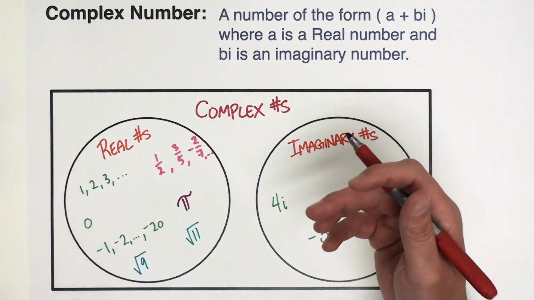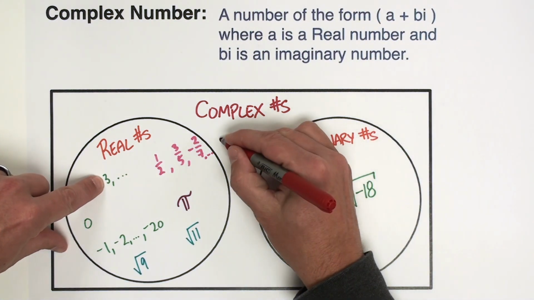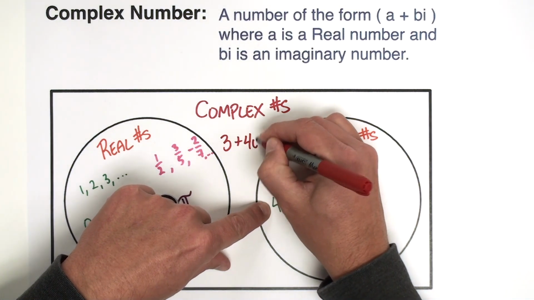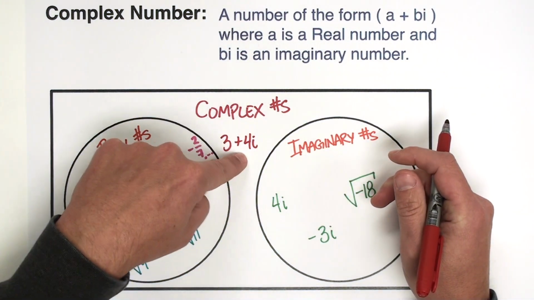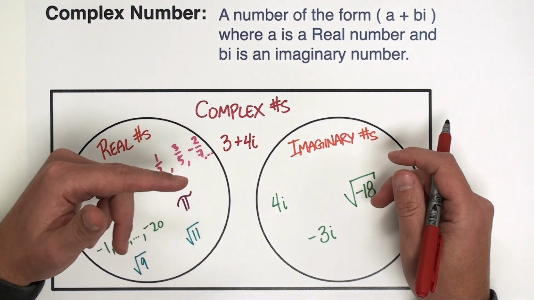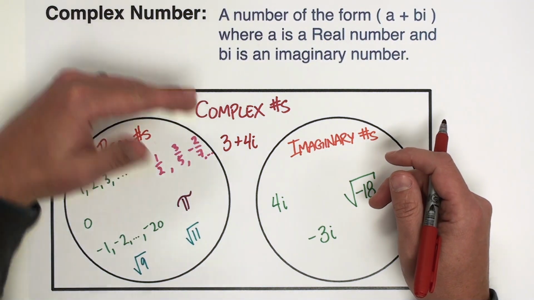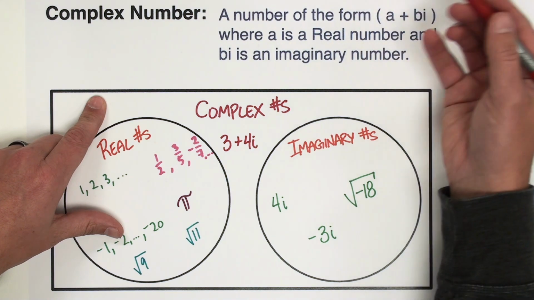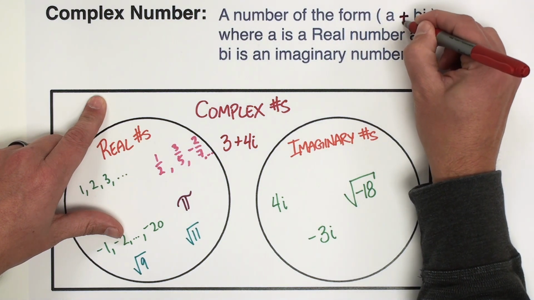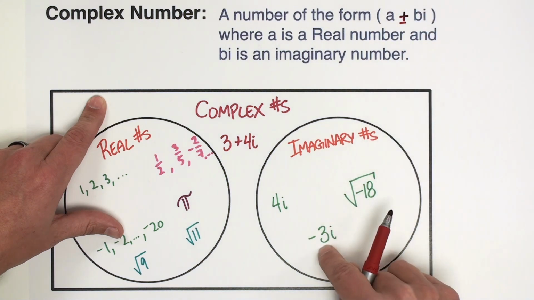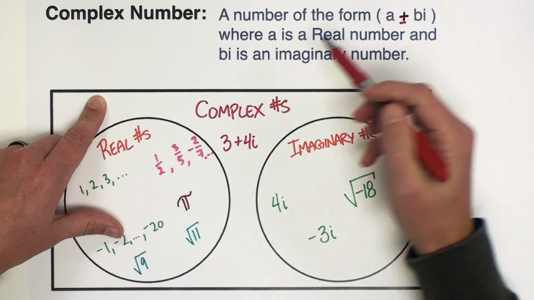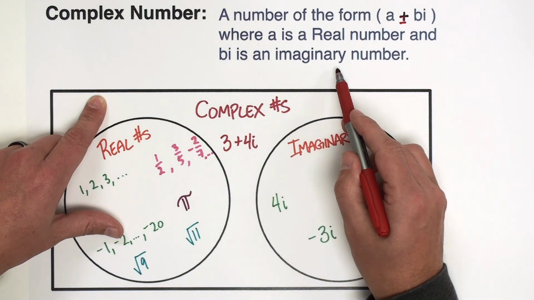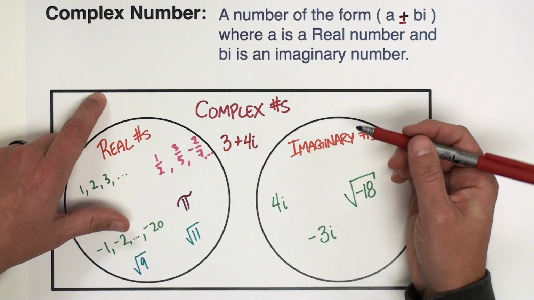For example, let's take 3, and let's take 4i, and we have what we call a complex number, okay? So that's how we define complex numbers. It's a number of the form a plus bi. Should probably say a plus or minus bi, because we could certainly subtract a number there, where a is a real number and the bi part is an imaginary number.